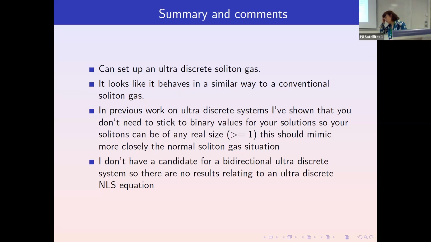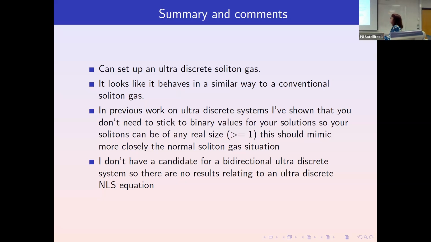In fact, in the continuous case, it's more conventional than the discrete case, because you've got integrals of densities. This just says I don't need to stick to binary values for the solutions.